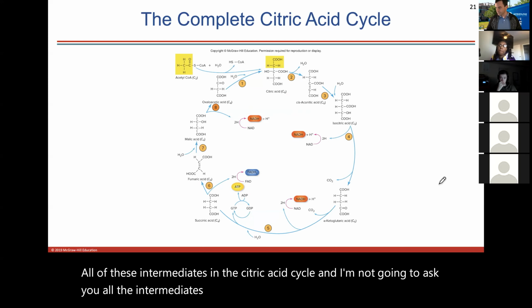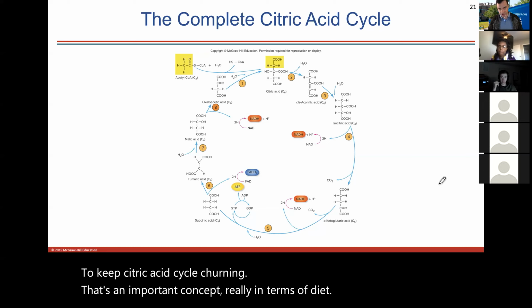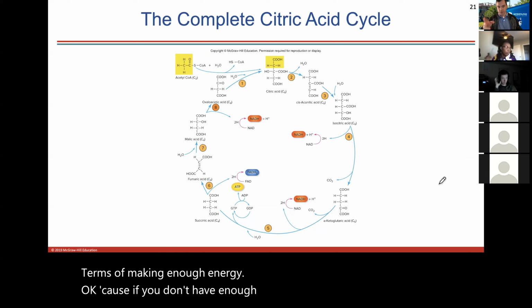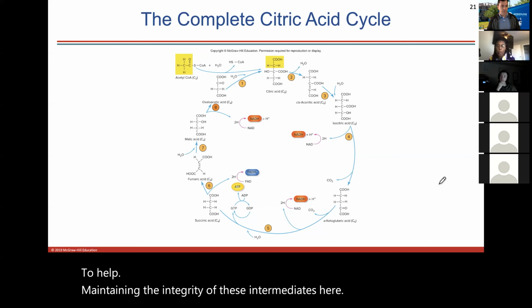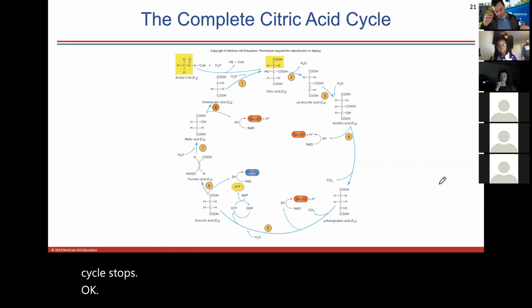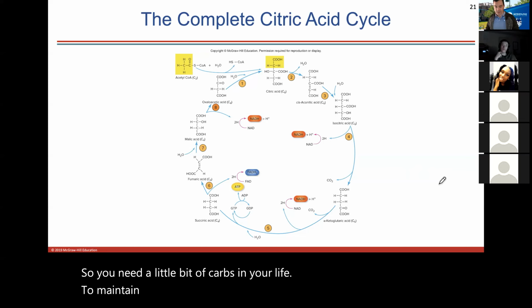I don't really care. So you have to have some carbohydrates to keep the citric acid cycle churning. That's an important concept, really, in terms of diet, in terms of making enough energy. Because if you don't have enough carbohydrates to help maintain the integrity of these intermediates, you can have all the acetyl-CoA in the world, but the citric acid cycle or Krebs cycle stops. So you need a little bit of carbs in your life to maintain the functionality of the citric acid cycle.